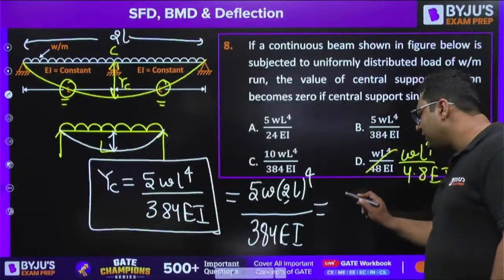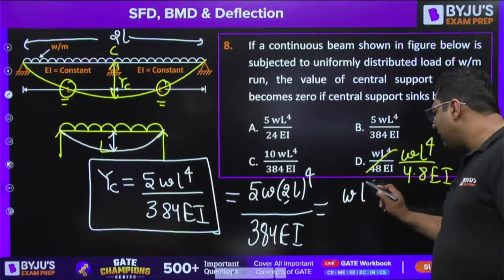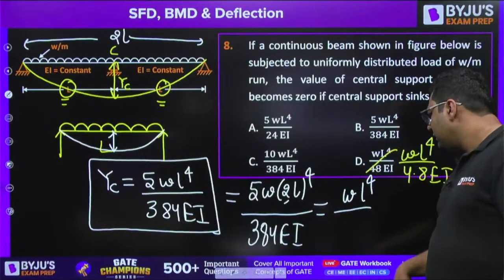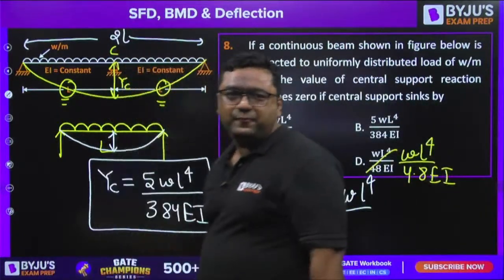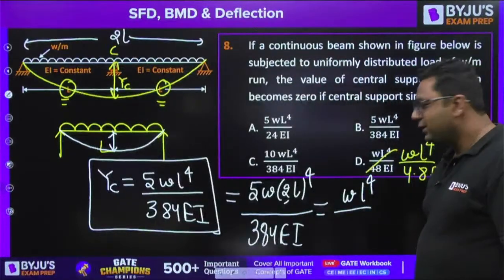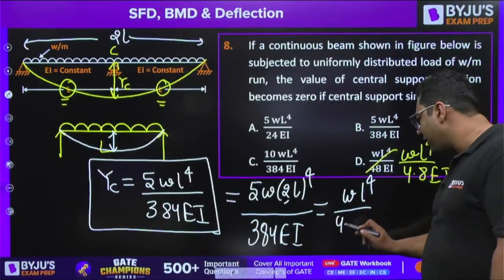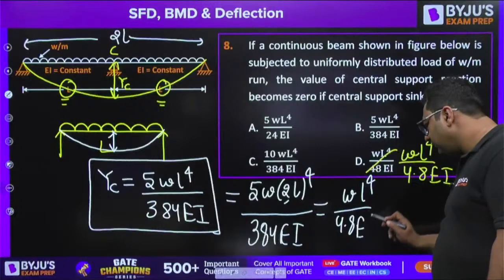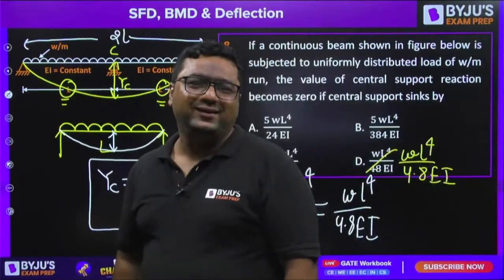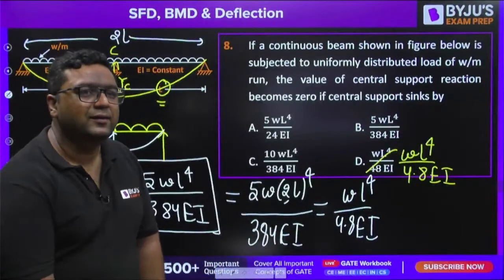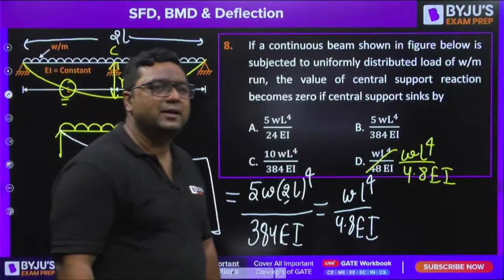So you will be getting WL4 upon 4.8 EI. Is it clear?